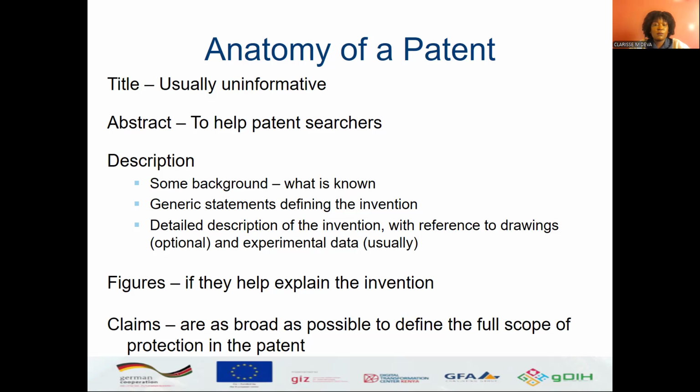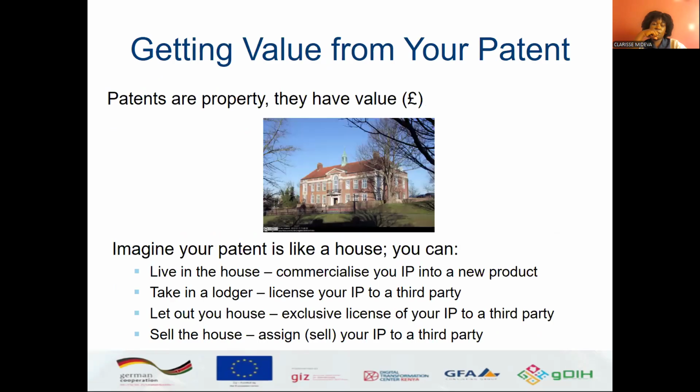And if anyone comes up with something similar to what you have done, then they will not have protection for that. So generally, this is the anatomy of a patent document. Generally, this is a must for a patent document to have, and in most jurisdictions, you will have these as essential parts of that patent document.